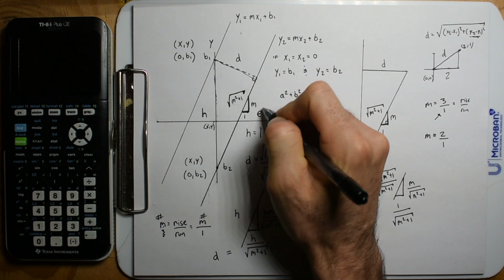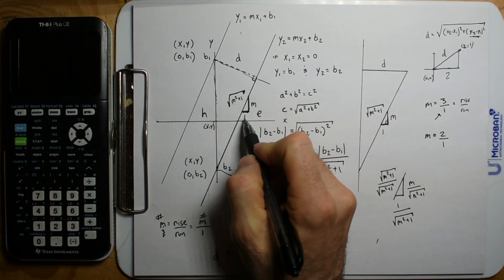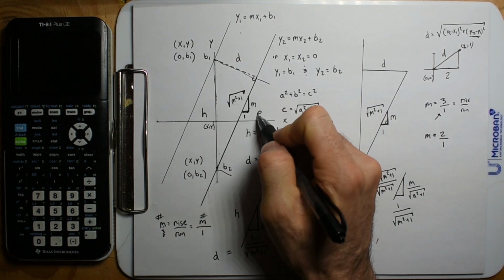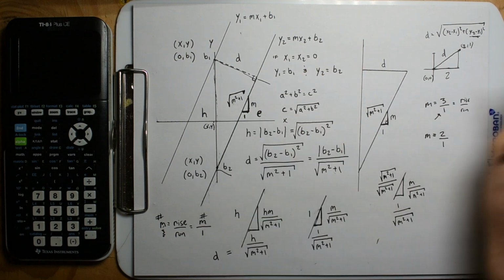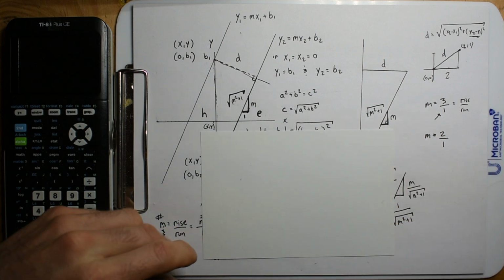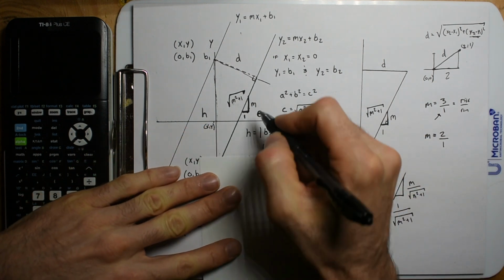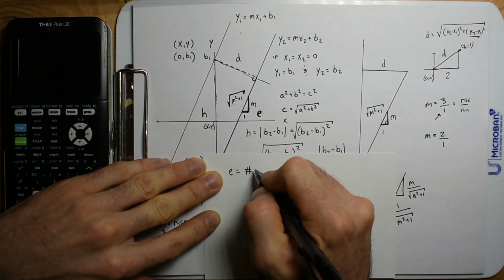Let's say this length was E, from there to there. Well, that's going to change my perspective on finding this length. If I know what E is, maybe I'm going to turn this side into a unit. So let's actually do that, just because it's a different problem.